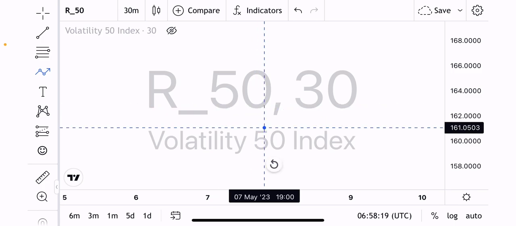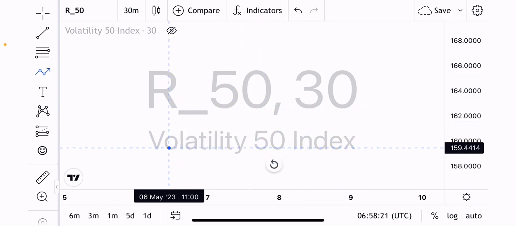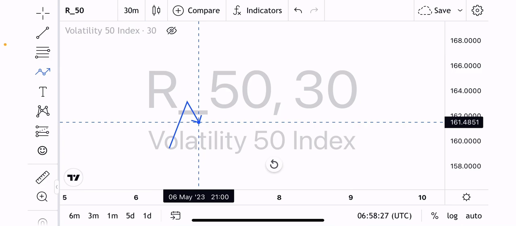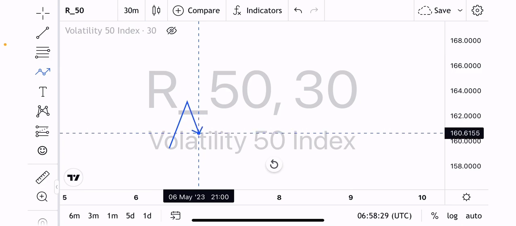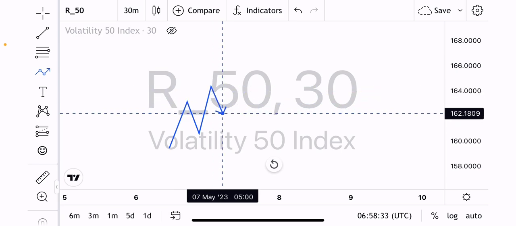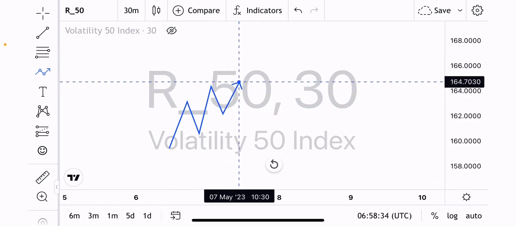When we talk about external liquidity, for instance, let's say we are in an uptrend. So where is our external liquidity?